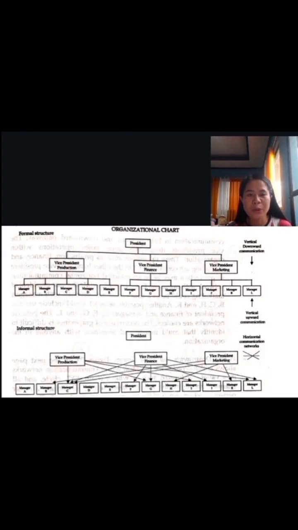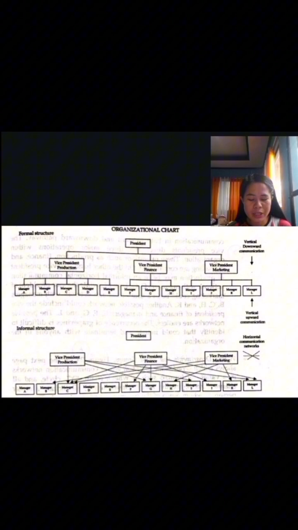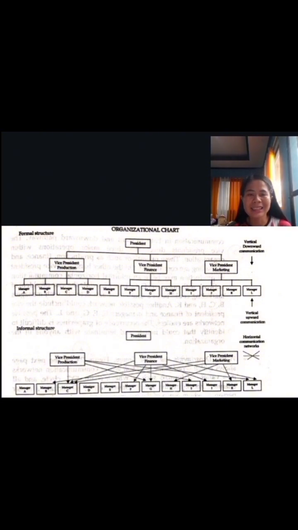It can provide opportunities for employees to share ideas, brainstorm solutions, and collectively solve problems. The information comes from the vice president, not from the president; it is not from the highest position.